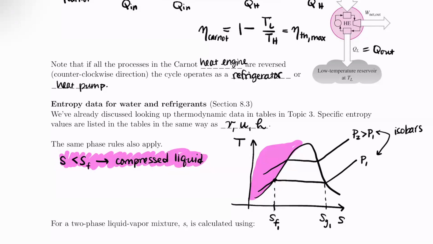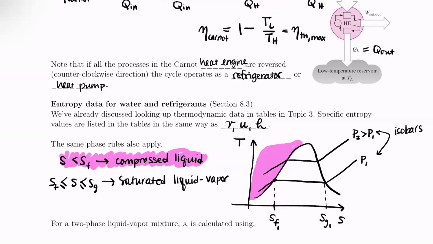All right, if our entropy is between or on s_f and s_g, then we are in the saturated liquid-vapor regime.